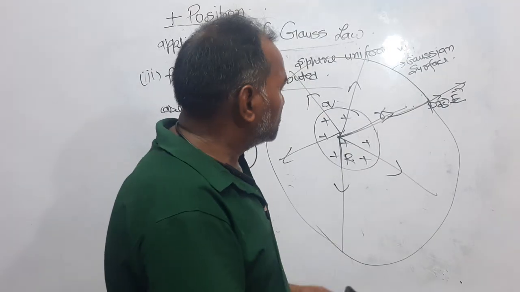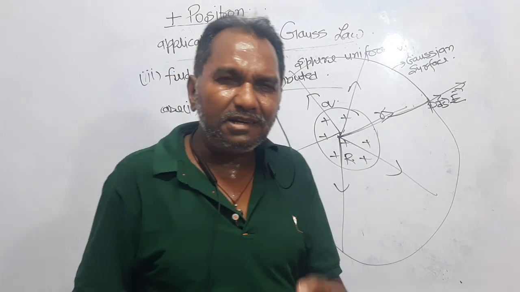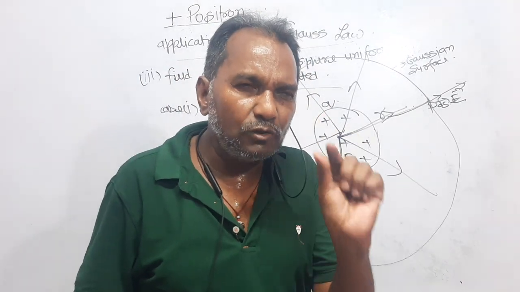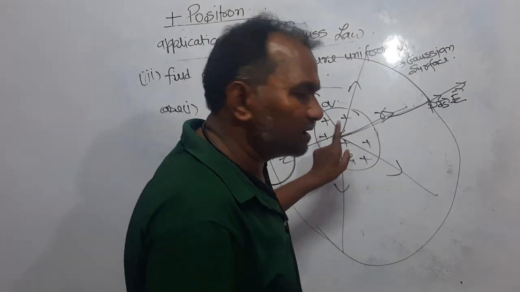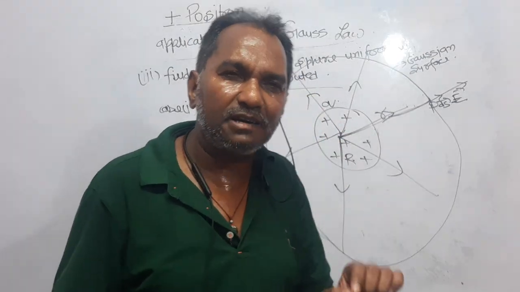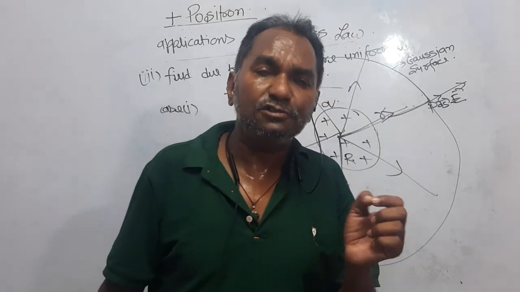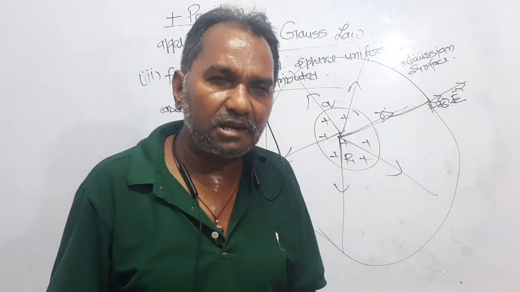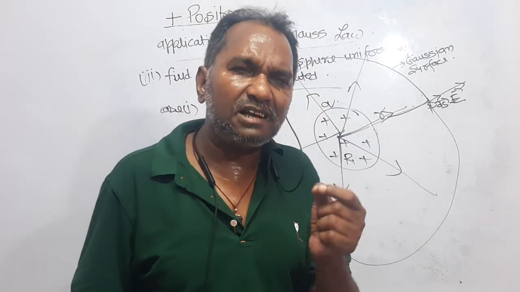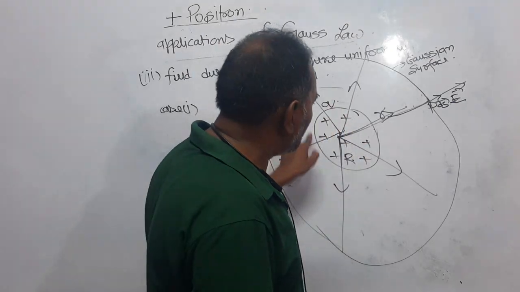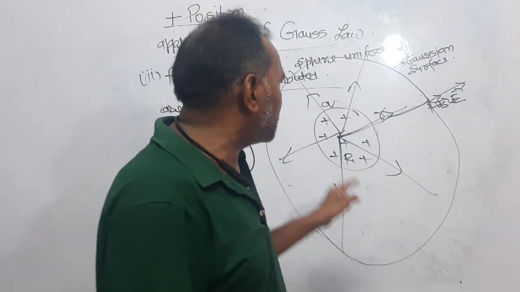If the point is outside of the sphere, solid sphere or spherical shell, then it appears that the whole charge is concentrated at the center, behaving like a point charge kept at the center.